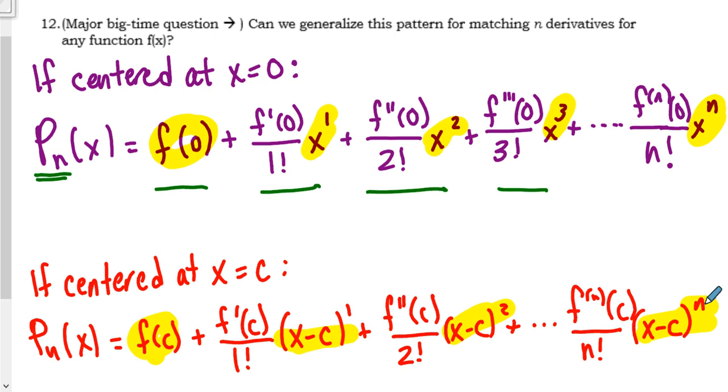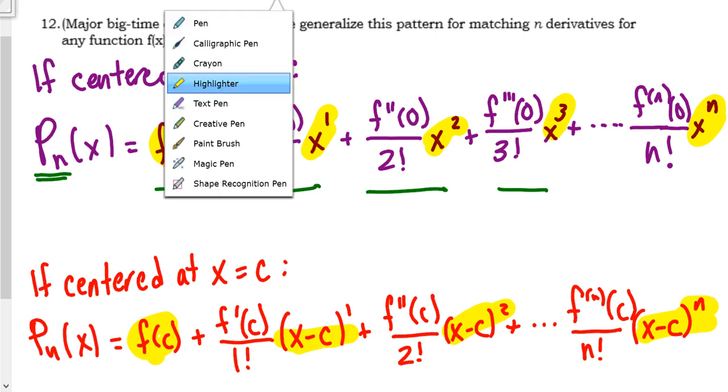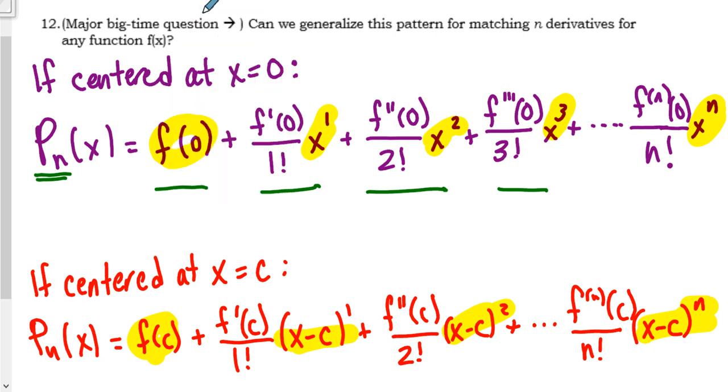Now the thing I wrote in red is called a Taylor polynomial. So Taylor, as a mathematician, had the idea that we could generalize this and not only have to use 0. Maclaurin didn't have that idea. Maclaurin thought, okay, I'm going to base everything around 0. Now, honestly, which of these is more general? The red one, right? The red one is more general because I could just let c be 0 and then I'm good to go.